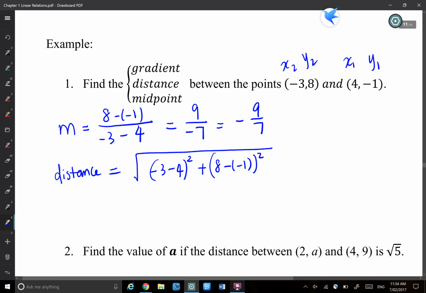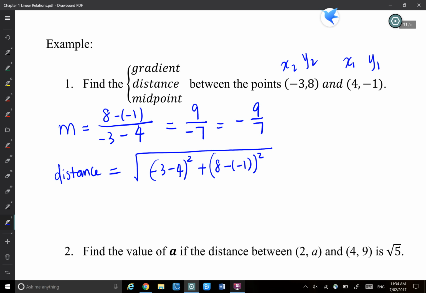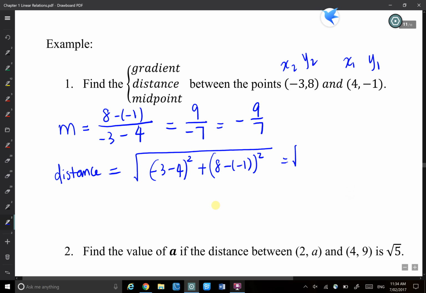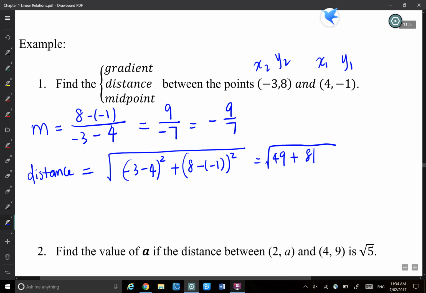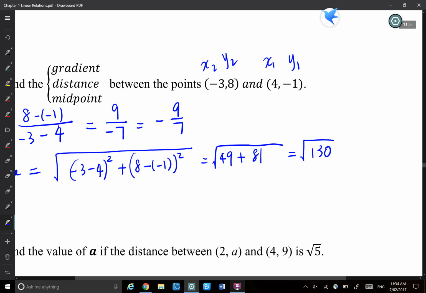You subtract those 2 coordinates and square them, add them, and then square root the sum. That is 49 plus 81, which is 130. Square root of 130.